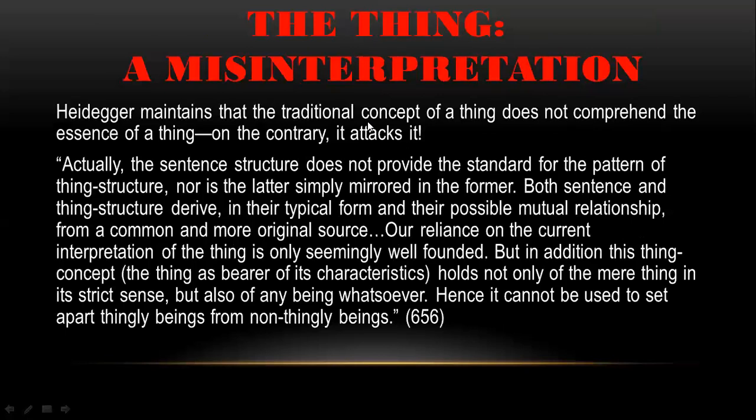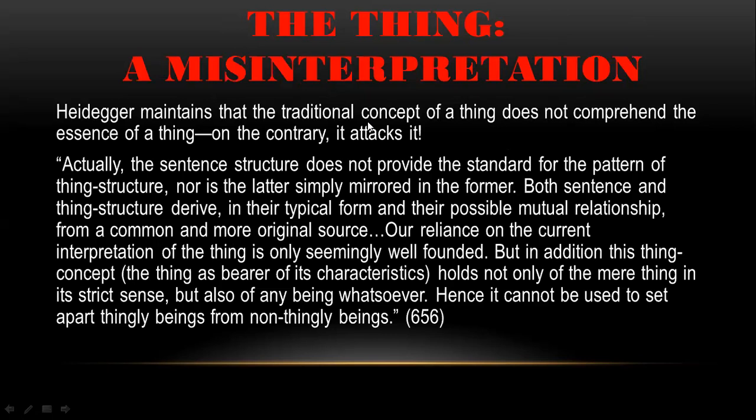So he thinks that this traditional concept doesn't comprehend the essence of a thing. On the contrary, he thinks it attacks it. It says, actually, the sentence structure does not provide the standard for the pattern of the thing structure, nor is the latter simply mirrored in the former. Both sentence and thing structure derive in their typical form and their possible mutual relationship from a common and more original source.